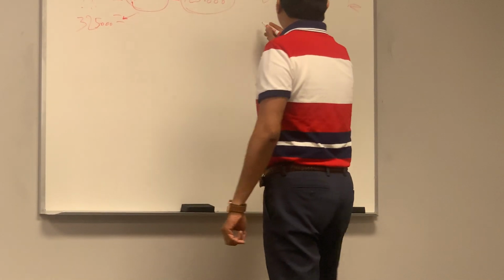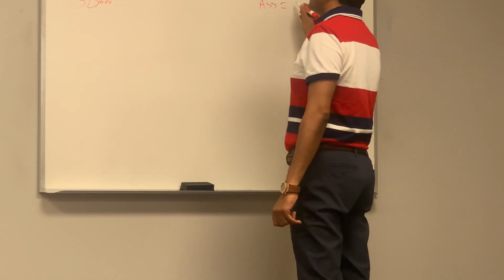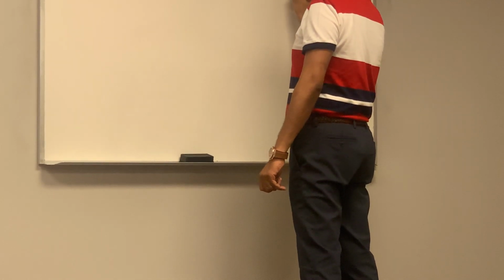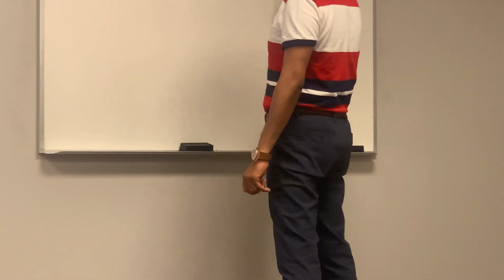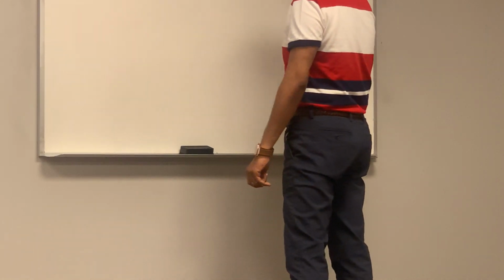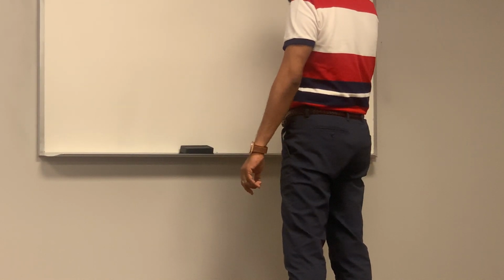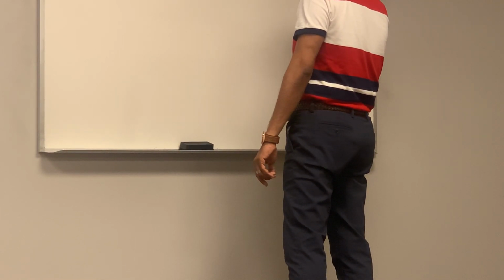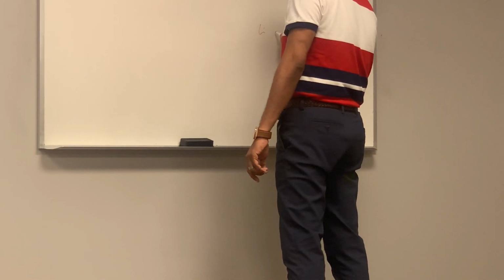So let's count here. Assets: $450,000 plus $65,000 equal, and liabilities.